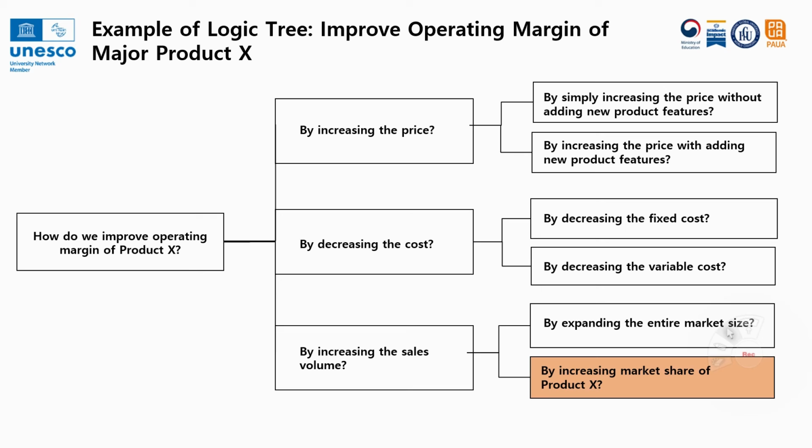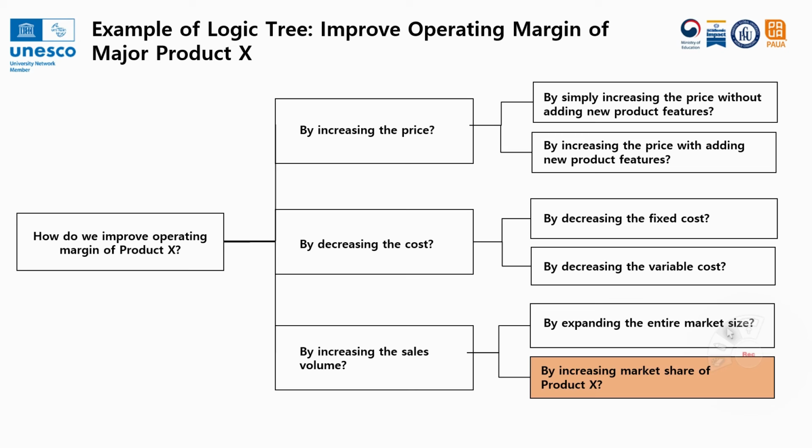And in each of the 3 potential solutions, we may divide it one level deeper. Whether we can increase the price without adding new product features, or by adding new product features, or by decreasing the fixed cost, or by decreasing the variable cost, or by expanding the entire market, or by increasing the market share of our product X.